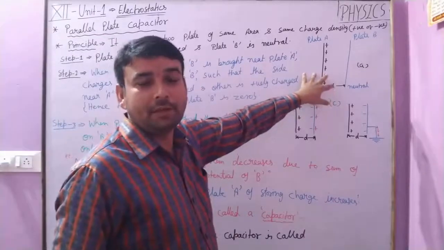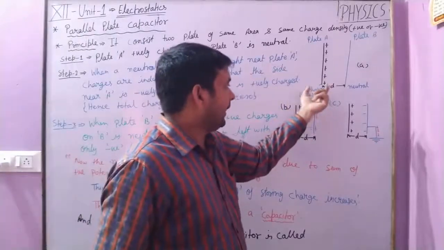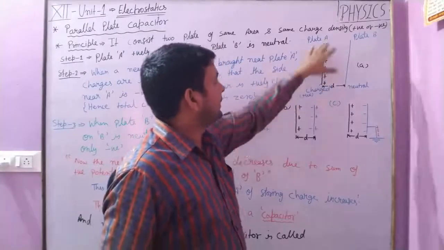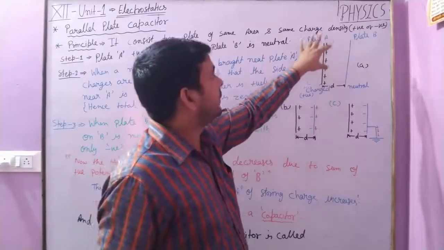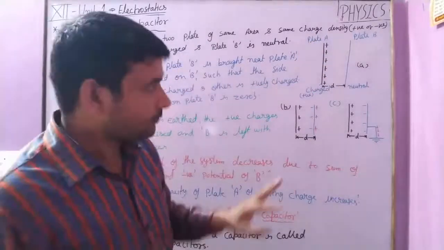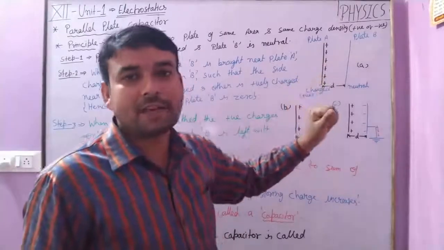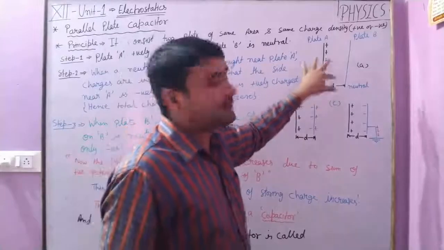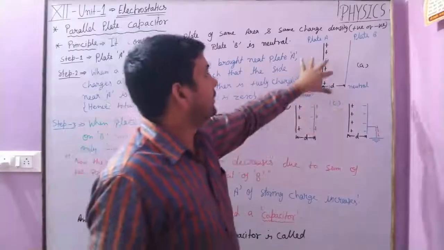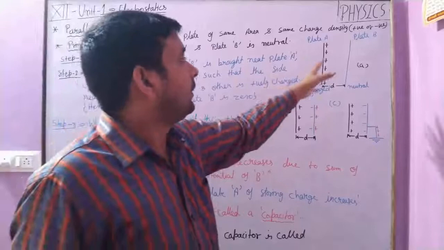let a plate A of area of cross section A and give some positive charge to it. Let's say, hence the plate A becomes positively charged. Now when the plate A is completely charged, and no extra charge is given by external source to increase its potential, so we say it gets a potential.